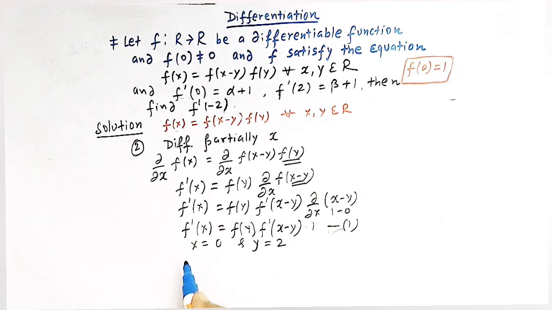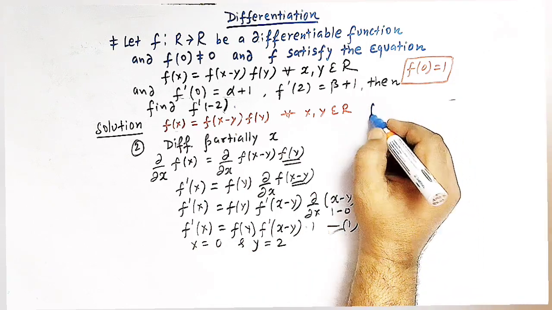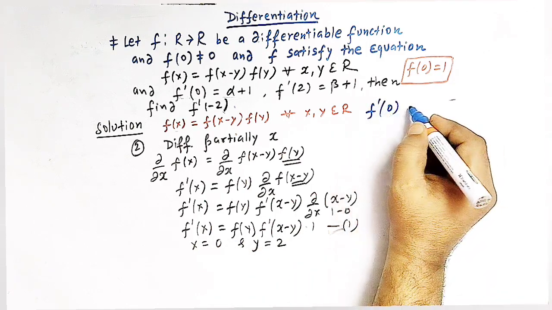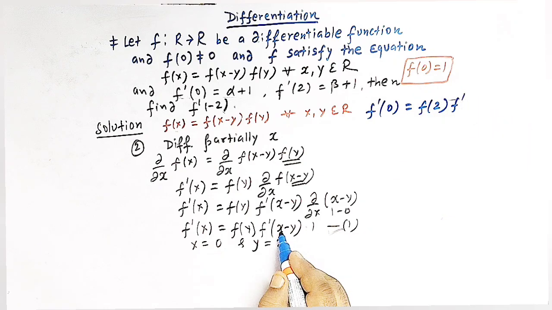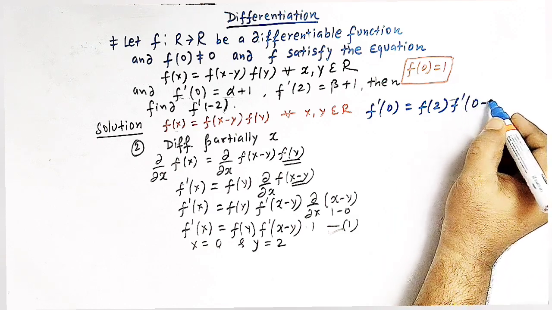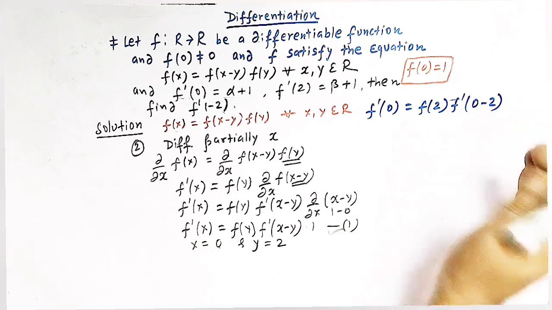So now taking x is equal to 0 and y is equal to 2 in equation 1, we have f prime of 0, then we have f of 2 and f prime of x minus y. So we have 0 minus 2, that is this expression.